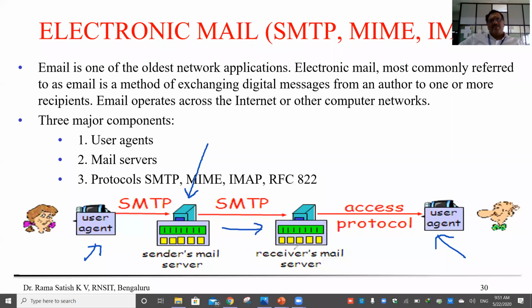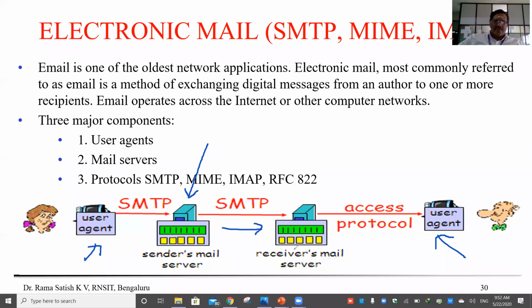Oh, the mail I intended is in New York, and the New York mail server will say, this mail ID belongs to this particular region. So your mail will be forwarded to that New York mail server.